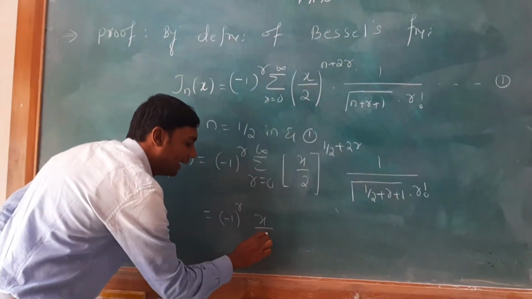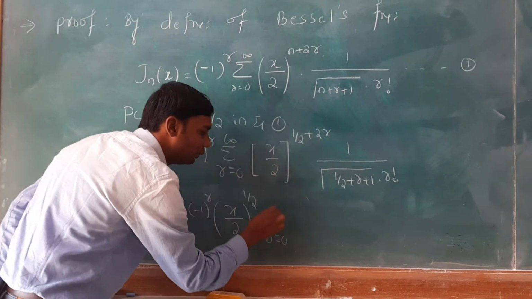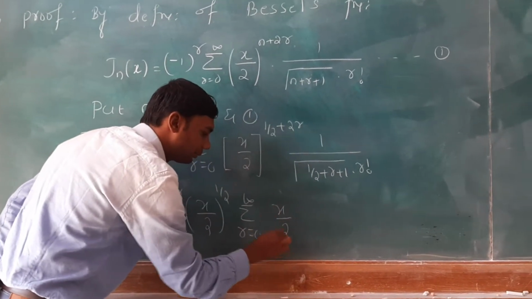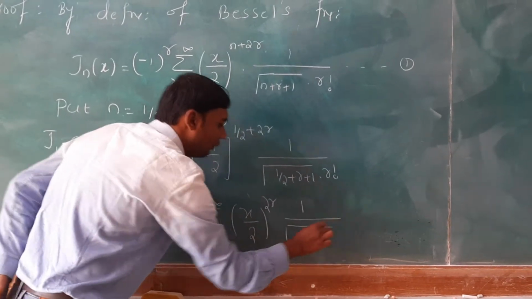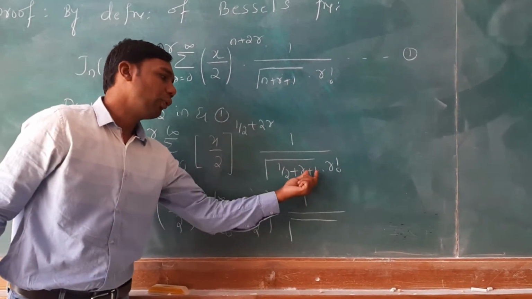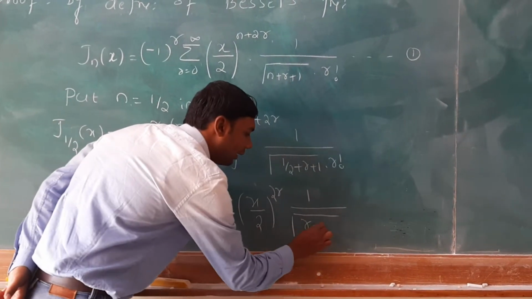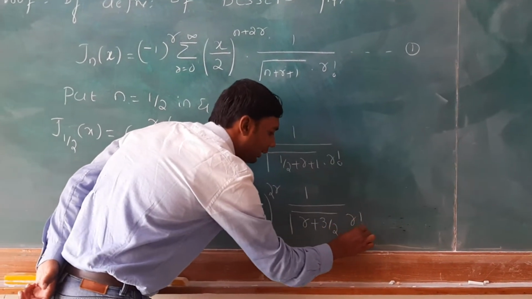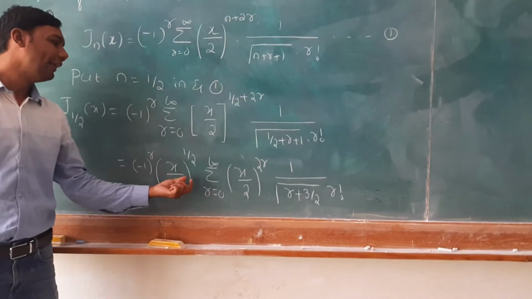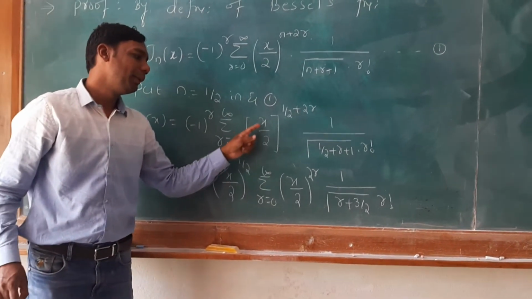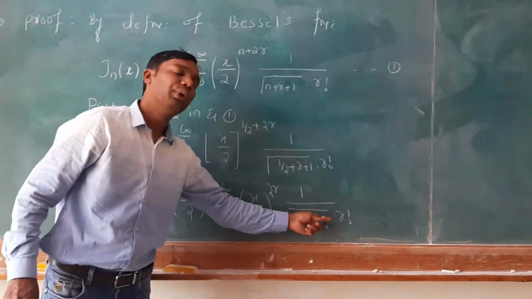Then the remaining is summation of r equal to 0 to infinity of x by 2 raised to 2r into 1 divided by gamma of, the LCM is 2, 2 plus 1 is 3, so r plus 3 by 2, into r factorial. It is a simplification of this. We have taken x by 2 raised to 1 by 2 outside, and the remaining is summation of r equal to 0 to infinity of x by 2 raised to 2r, 1 divided by gamma of r plus 3 by 2 into r factorial.